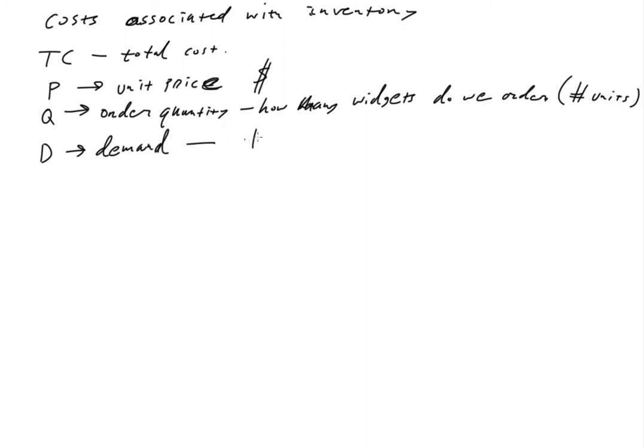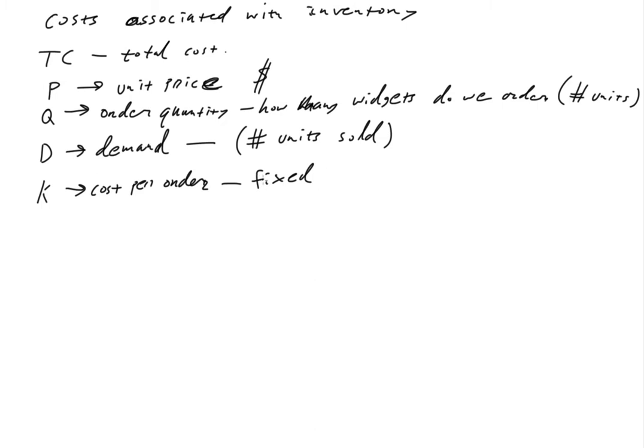Again, that is going to be in the units, number of units sold. Okay, and then the next cost is going to be K, which is going to be the cost per order. So the cost per order is a fixed cost of just making an order.